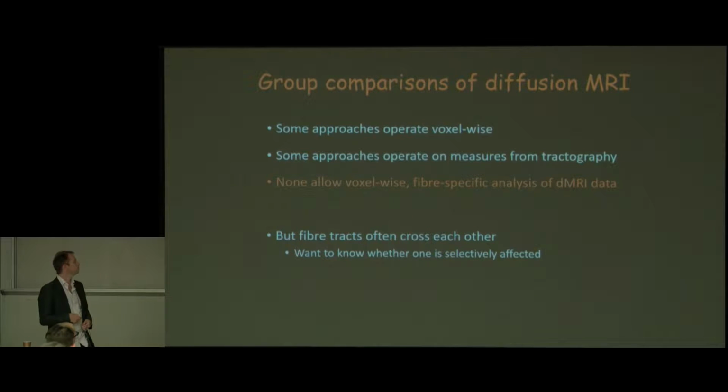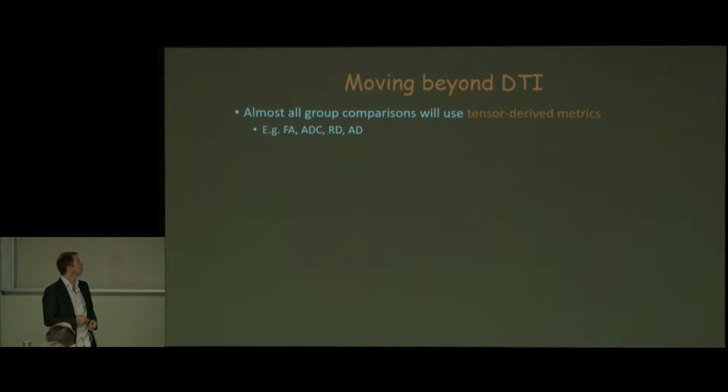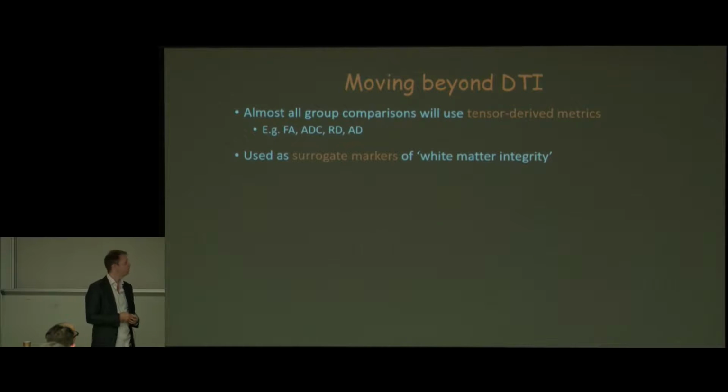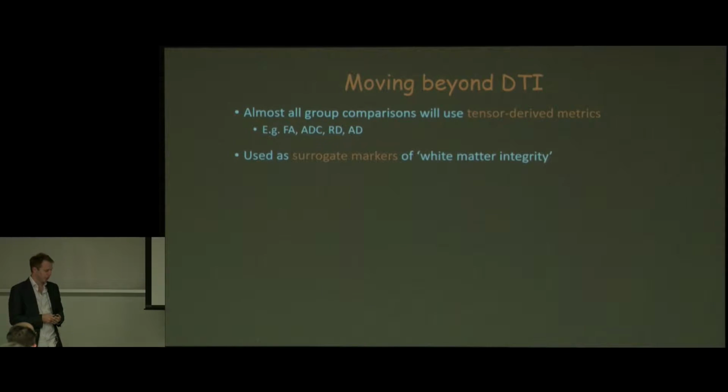But we know there's a lot of crossing fibers. Fiber tracks often cross, and we want to know whether one of them is selectively affected in certain pathology, even if we have crossing fibers. So almost all group comparisons use these tensor-derived metrics, often interpreted as some kind of surrogate marker of white matter integrity, or maybe something a little bit more specific, like axonal degeneration or demyelination.